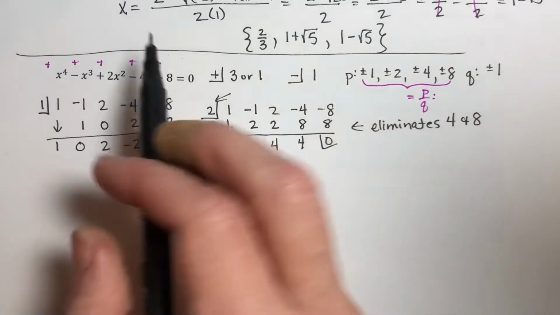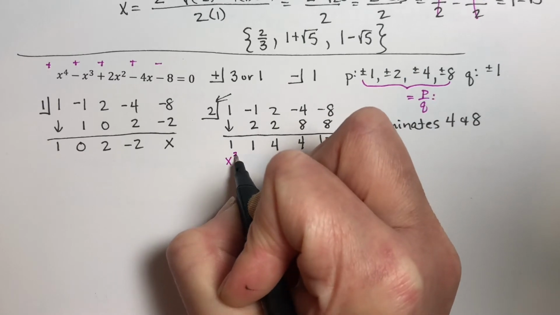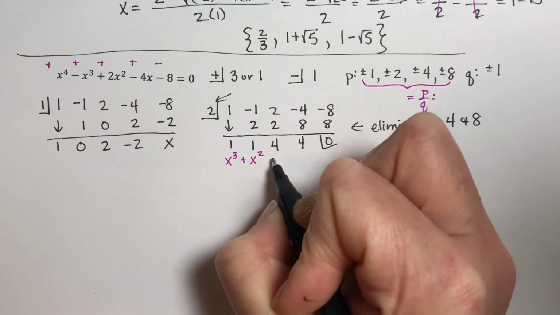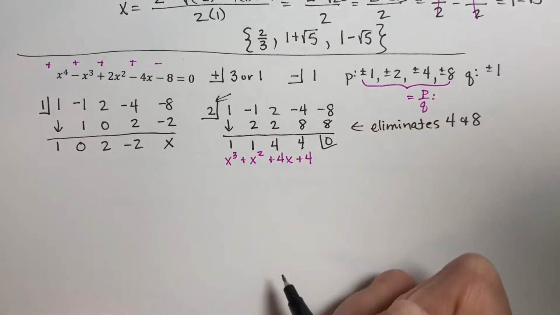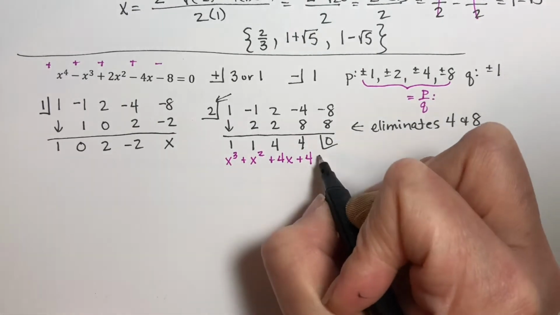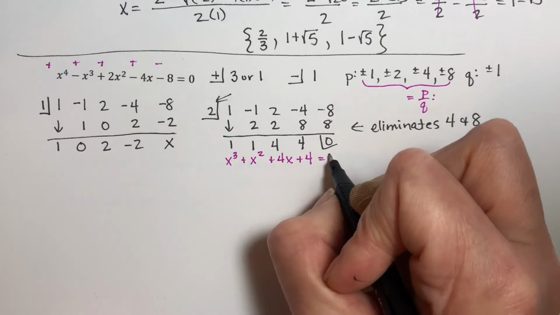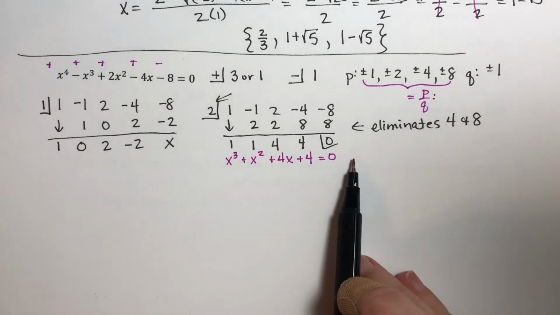This started off with a 4. This is the same as 1x cubed, plus x squared, plus 4x, plus 4. And now, since I have one of my solutions, if I solve this, that will give me the rest of my solutions. Now you can start all over again.